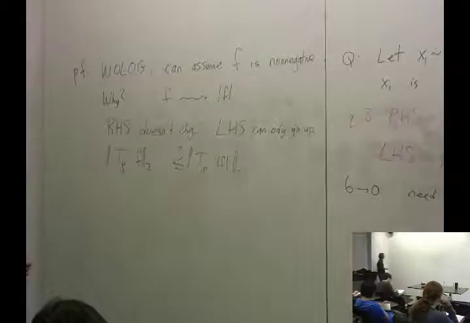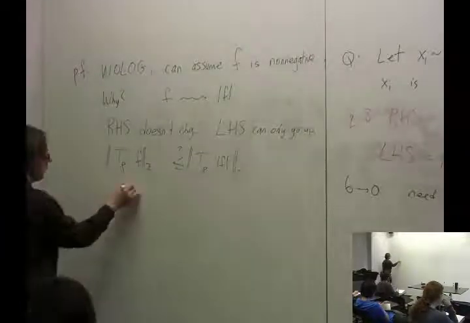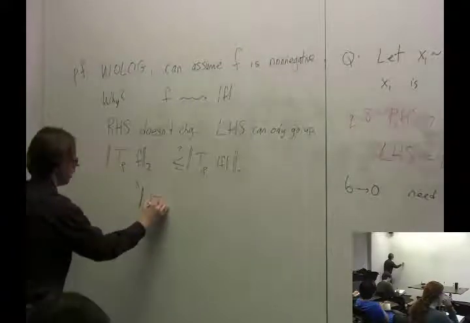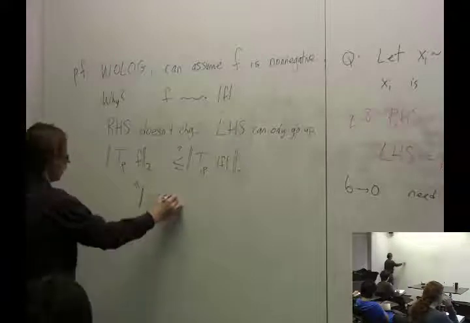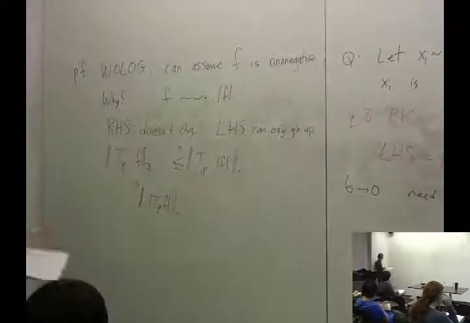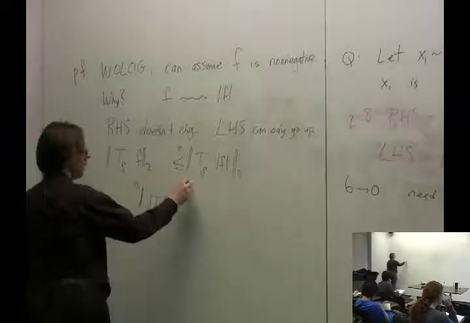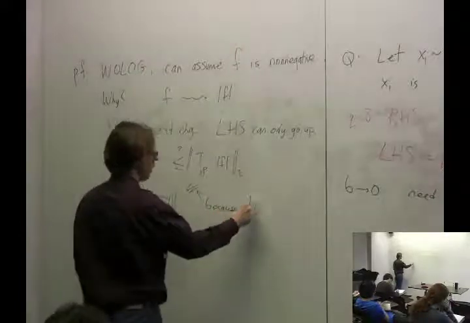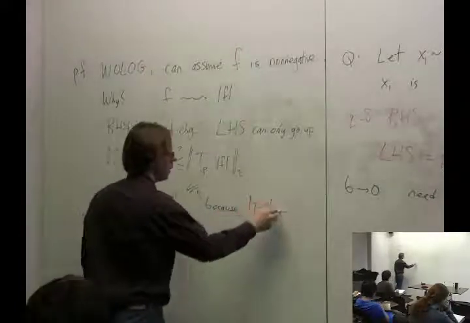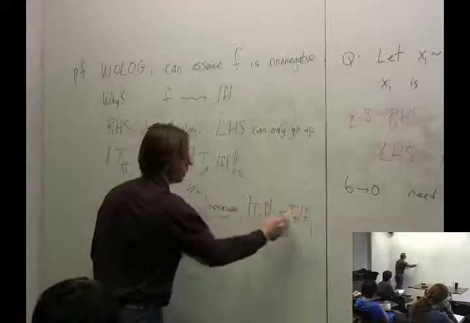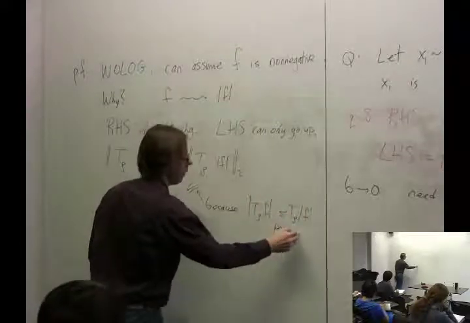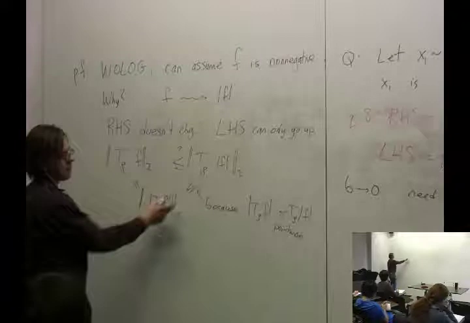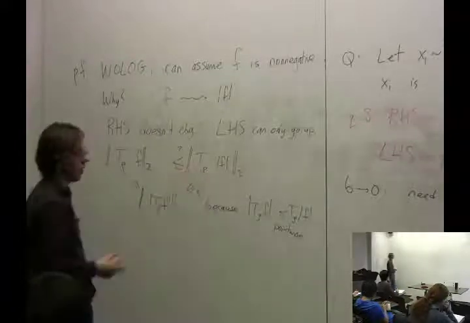And this is actually equal to the 2-norm of the absolute value of T rho f. I claim this is true because T rho f is less than or equal to T rho of the absolute value of f pointwise. These are both non-negative functions. If one of them is less than the other pointwise, then the norms are also going in the same direction.